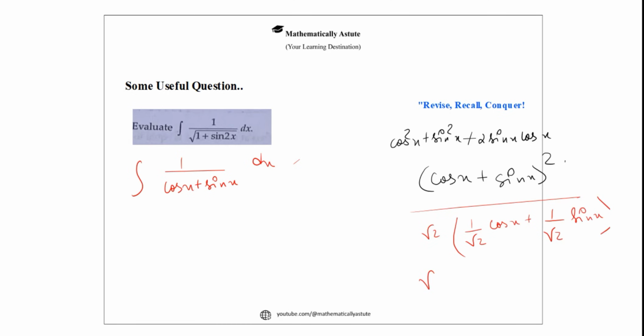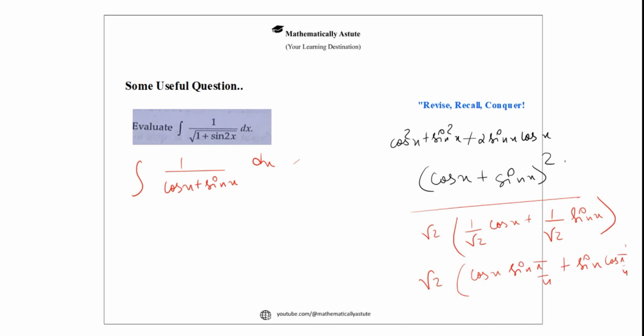Now we can write 1 by root 2 as sin 45 or cos 45. I want to express it as, let's say, cos x and sin 45 plus sin x and cos 45.